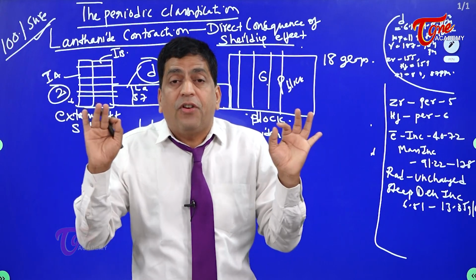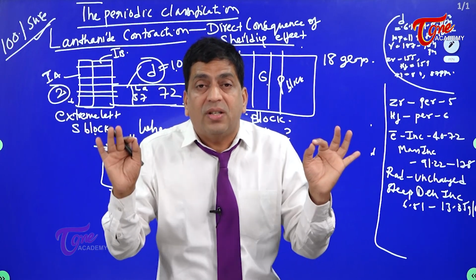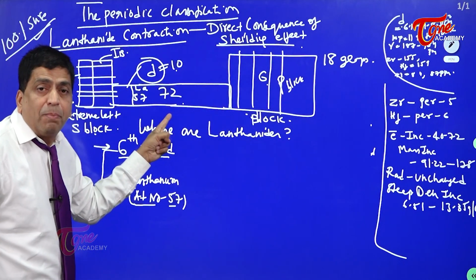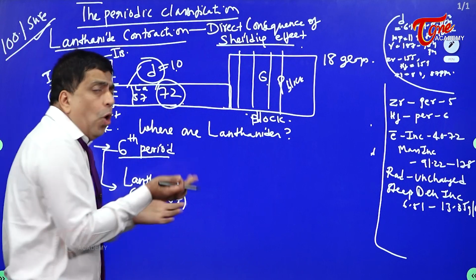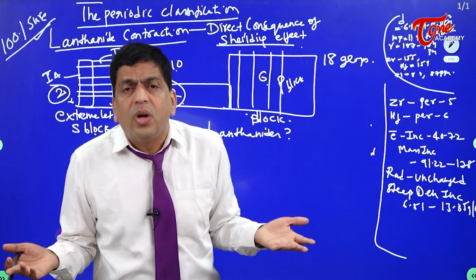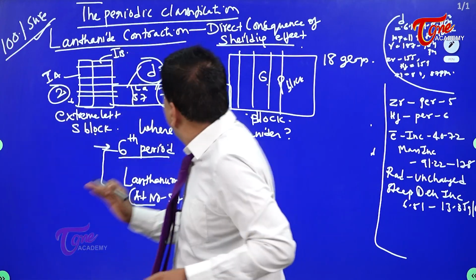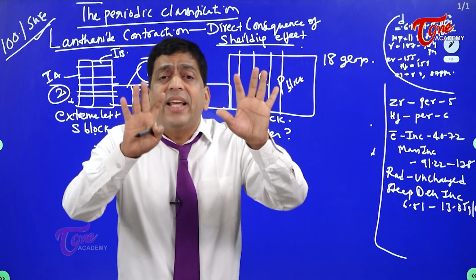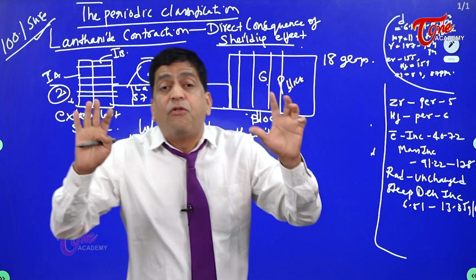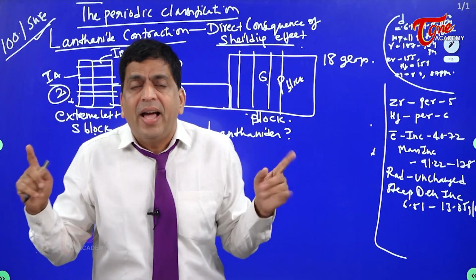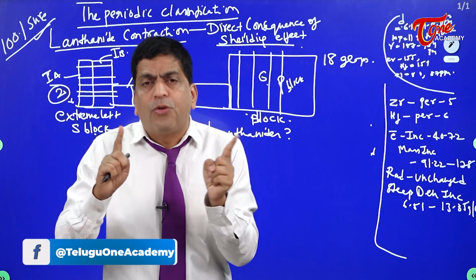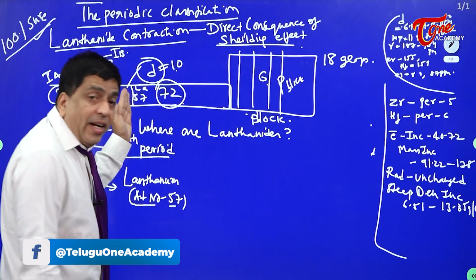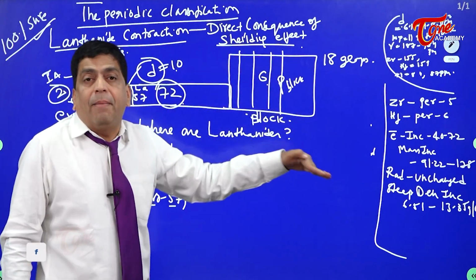But for your surprise, after 57, immediately in the 6th period, you get 72. If I subtract 72 minus 57, there are 14 elements that are missing. And remember, these 14 elements follow lanthanum.